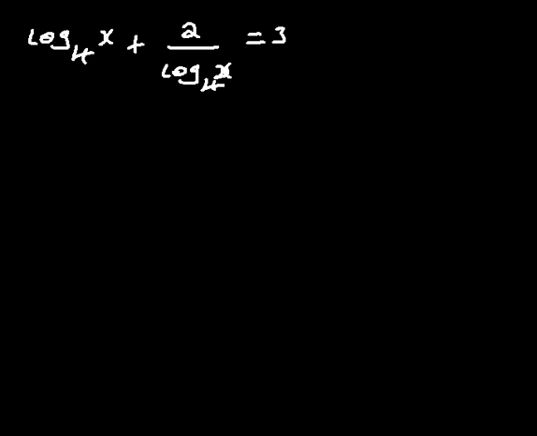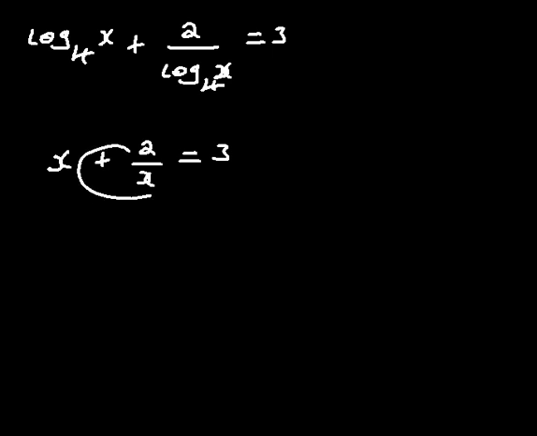As you can see, this equation is a logarithmic equation, but it is not a linear equation. The way it is here, you can see it as x plus 2 over x is equal to 3.